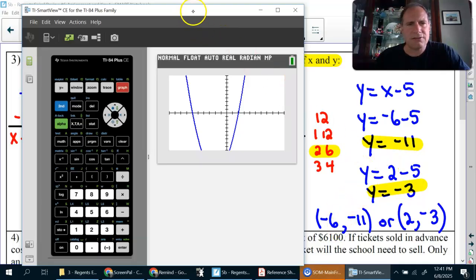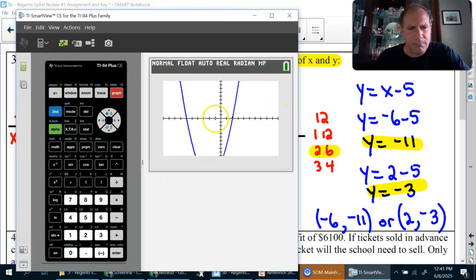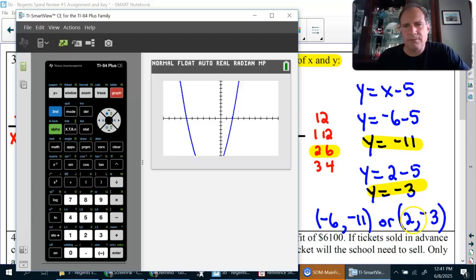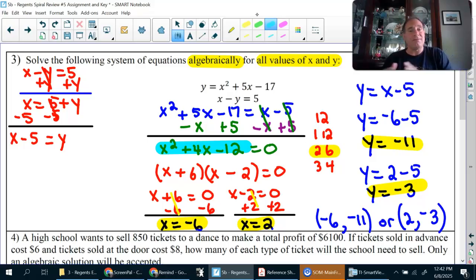Look at the x right here: 1, 2, 3, 4, 5, 6, negative 6. And it should be 2. 1, 2. And it is. So that means you have the right x's, the right zeros. If the x's are wrong, if the zeros are wrong, the y's are going to be wrong. So you're correct, and you don't have to ask anyone if this is correct. You just check the x's because you solved for those zeros, negative 6 and 2.